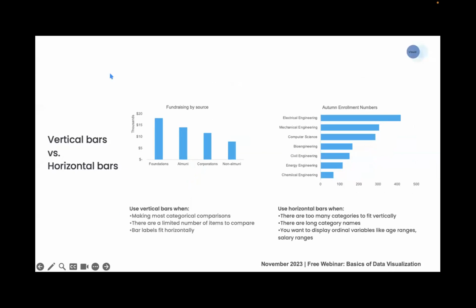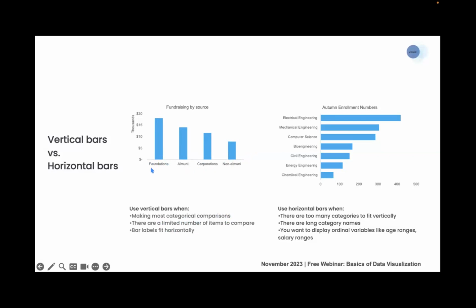So left side, I have 3 areas, right? When to use vertical. Use it for categorical comparison. So if you have like 4 or 5 categories, a vertical chart would be good. But if you have more than 5, then it gets too crowded.